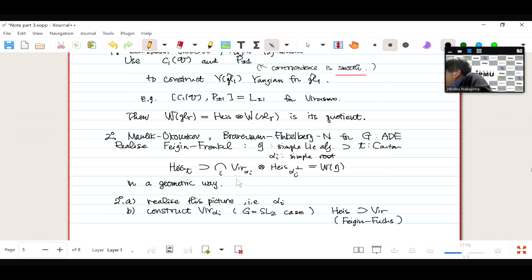So we want to realize this refinement of Feigin-Frenkel in geometry. For that, we need two things. One is, of course, to realize this picture, this alpha i and the corresponding chiral algebra and so on.